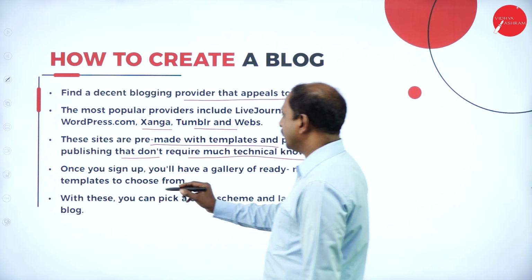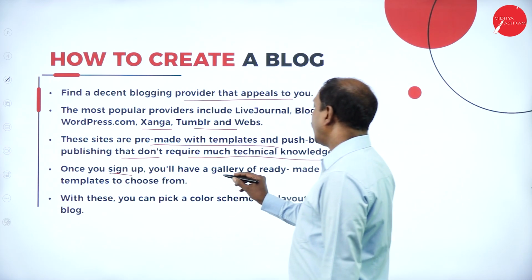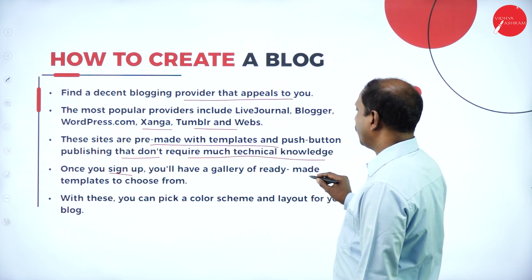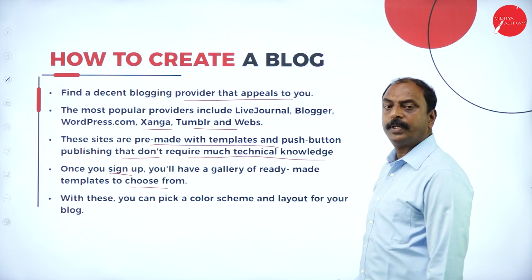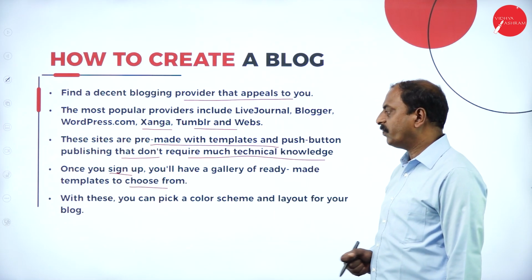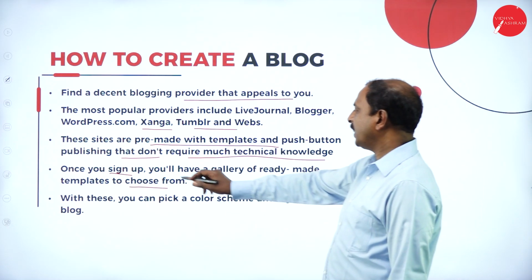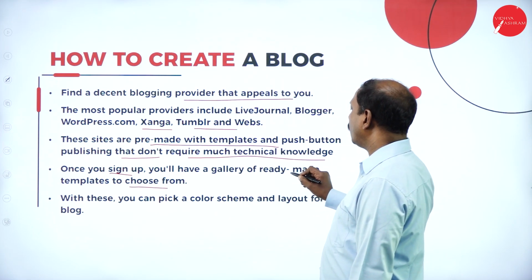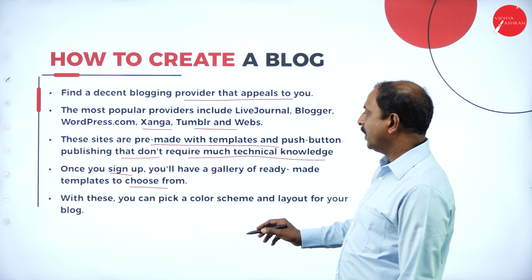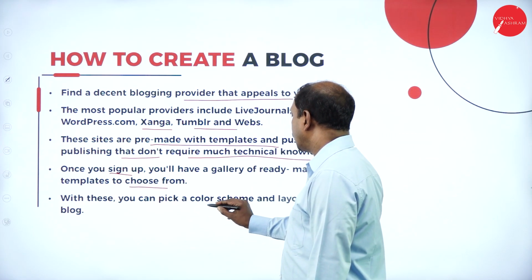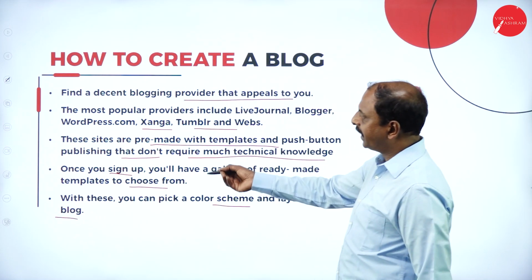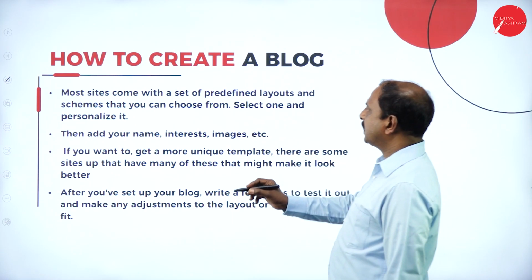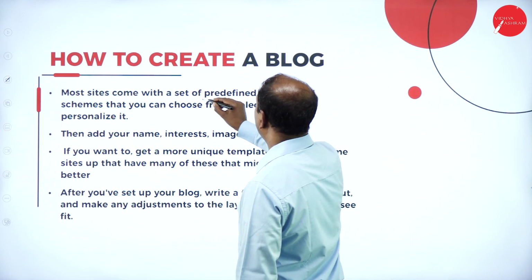Once you sign up, you have a gallery of ready-made templates to choose from. Normally you might have come across different software where once you sign up, it provides a gallery of ready-made templates. Next, you can pick a color scheme and layout of your blog. Most sites come with a set of predefined layouts.